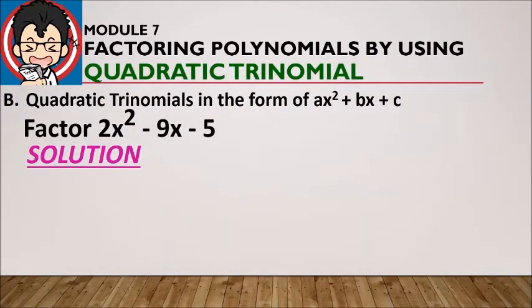Well, at this point, since this is the last trinomial that we will factor, I will be sharing with you a different approach in dealing with this one. Kasi unlike the other trinomials, may kasama na kasi si x squared eh. Hindi na siya nag-iisa. Okay? So let's start.